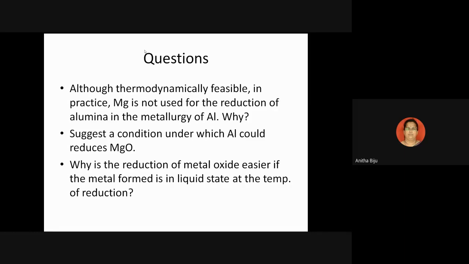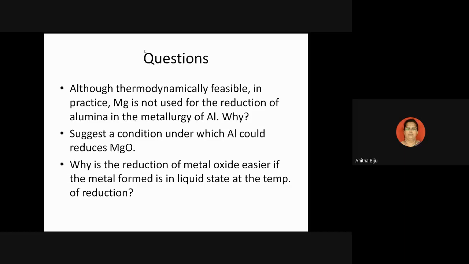I'll repeat. Aluminium can reduce magnesium oxide at high temperature, that is above 1350 degrees Celsius, because at this temperature range in Ellingham diagram, line for magnesium oxide lies above line for aluminium oxide. This indicates that in this temperature range, aluminium oxide is more stable than magnesium oxide.